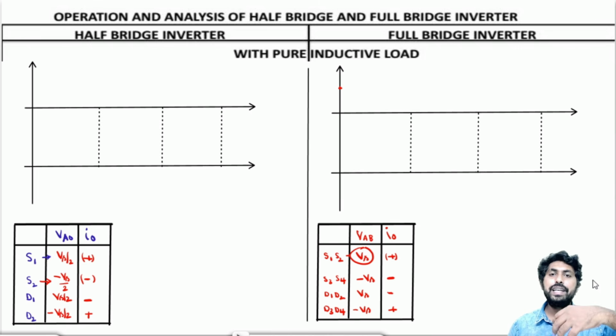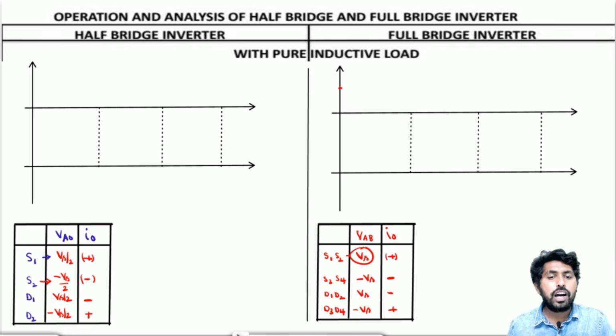If a pure inductive load is connected at the output of the half bridge and full bridge inverter, let me draw the output voltage and output current waveforms. Whatever the load, whether R load, pure inductive load, RL load, or RLC load, in case of voltage source inverter the voltage waveform nature will not change. It is constant.